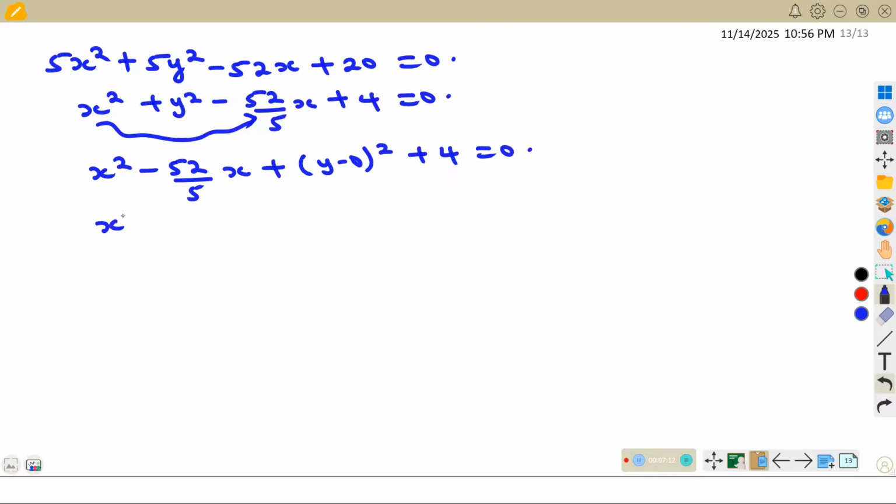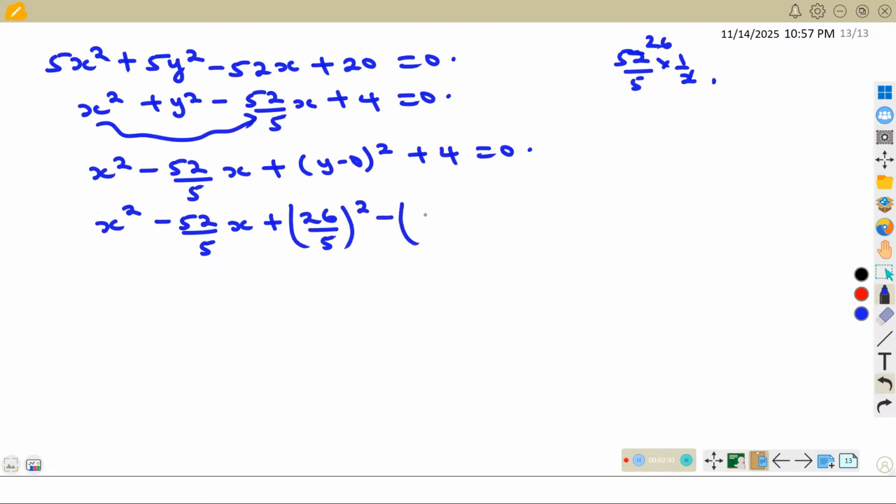So from here I want to use completing the square. This is x squared minus 52 over 5 of x. So I will add here, when you get 52 over 5, you divide it by 2, so it is the same as 1 over 2, that is 26 over 5. So I will have plus here 26 over 5 squared.